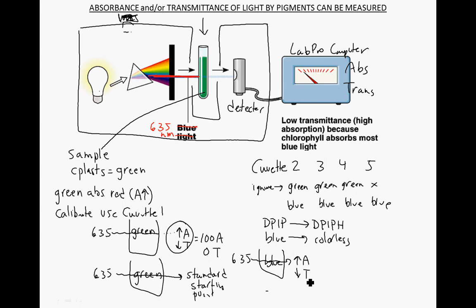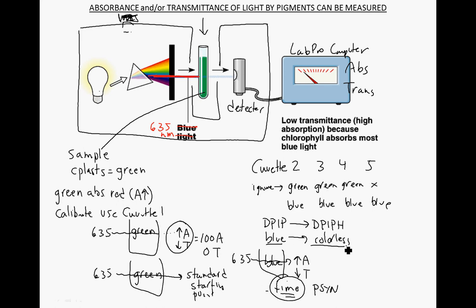But over time, and that time is when you have the cuvettes behind the heat sink that's between the samples and the light, what's happening is photosynthesis. And how do we know how much photosynthesis is happening? We're going to be monitoring how fast this blue goes to colorless.